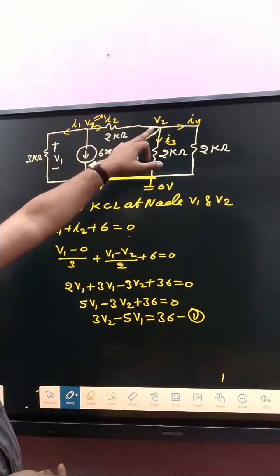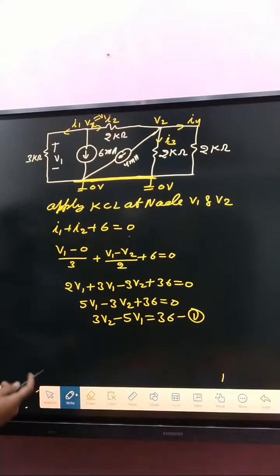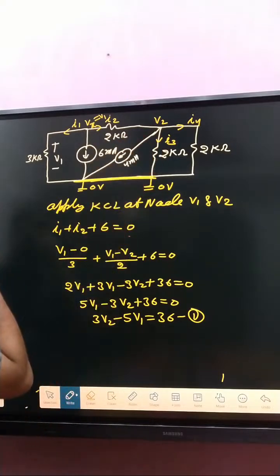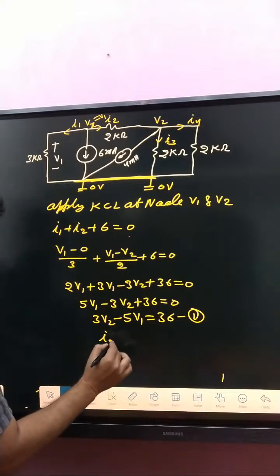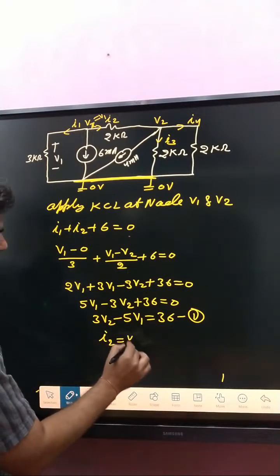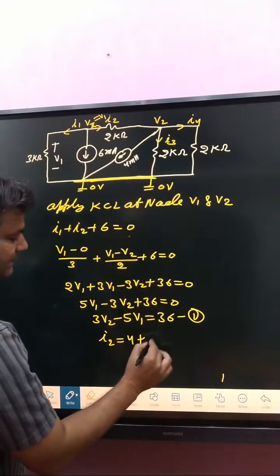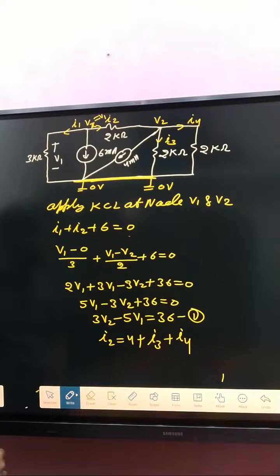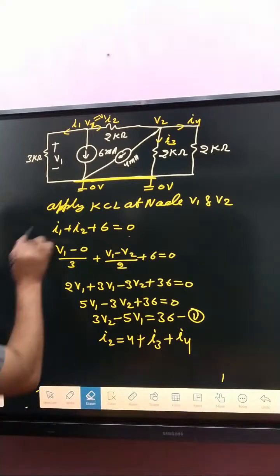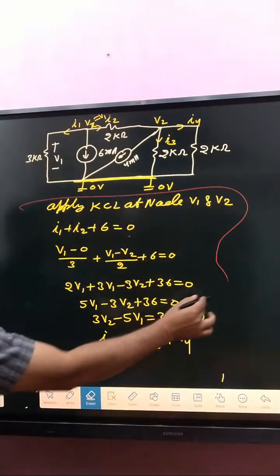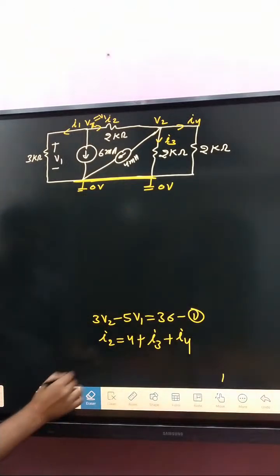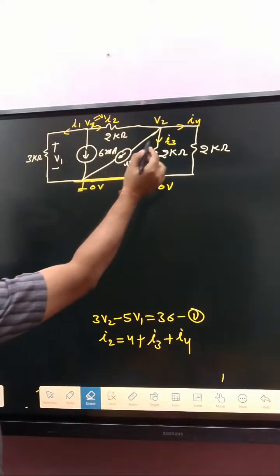If we apply KCL at that node, incoming current I2, outgoing current 4 milliampere plus I3 plus I4. Okay, so first of all, make it, after that this one, this one, this one, this one, I will remove. I2 is written. What about I2?